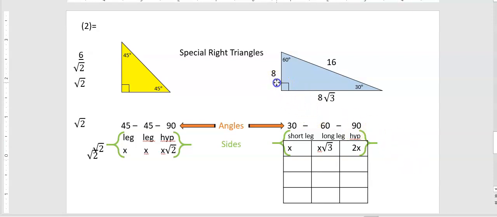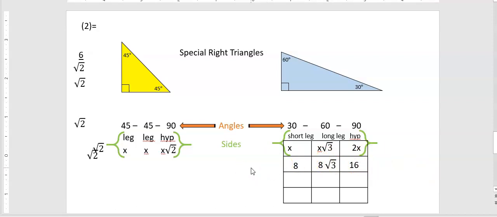If this is 8, this has to be 16. So I'm looking at the x, that's x is 8. This is 2 times x, so 2 times 8 is 16. And this is whatever my x is. My x is 8, so this has to be 8 square root of 3. So it's kind of nice to put it into this table if you need to.